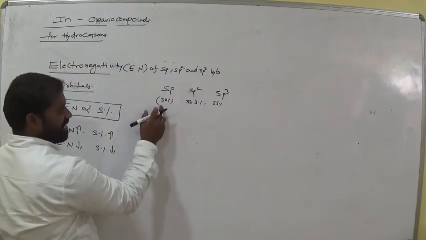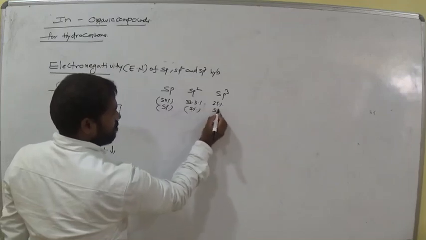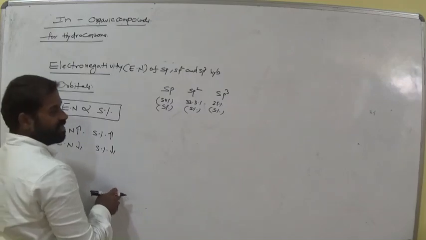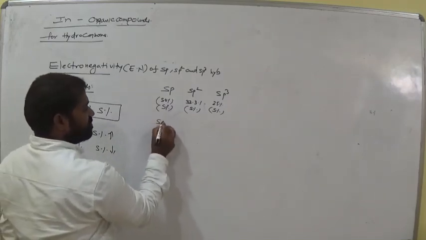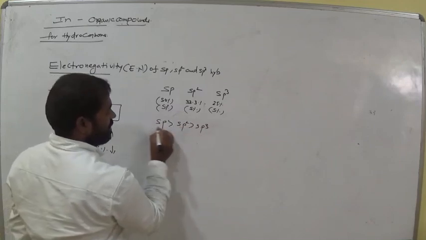Now which one is the more electronegative hybrid orbital? Where the s percentage is high, this is percentage of s, not p. Okay, clear? So s percentage is more means sp is greater than sp2 is greater than sp3.